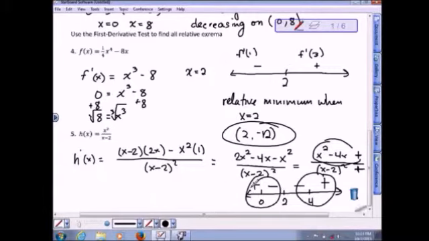Here the function is increasing, but then at x equals 0, it starts to decrease. So that has to be a maximum, right? So there's a maximum when x equals 0. Then here, because it's switching from a decreasing function to an increasing function, when x equals 4, we have a minimum.